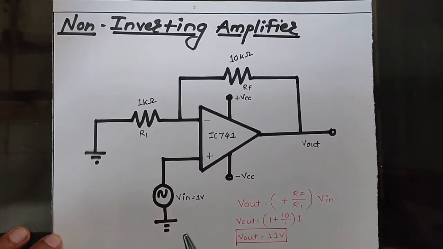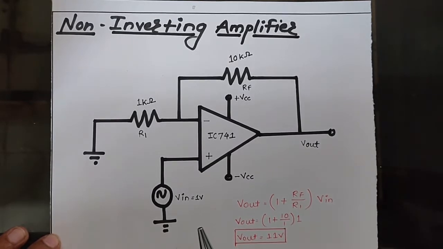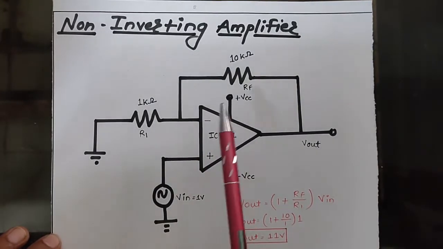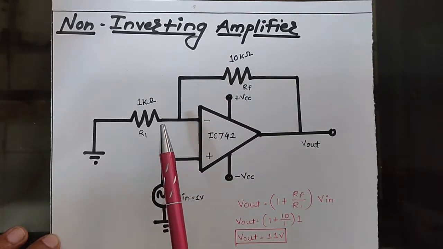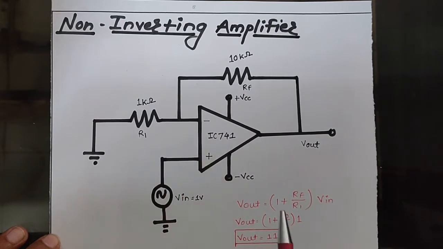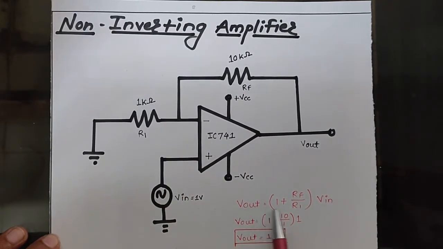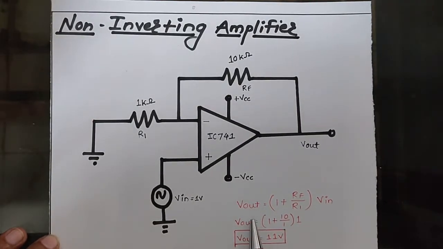As we know, the gain for a non-inverting amplifier is 1 plus RF by R1. So your output voltage, V out, will be equal to 1 plus RF by R1, that is gain, into your input voltage, because gain is nothing but output voltage upon input voltage.